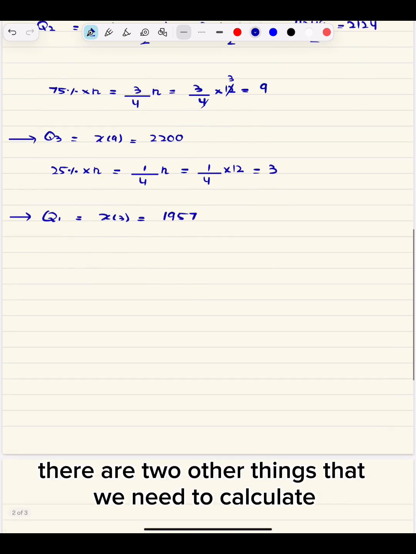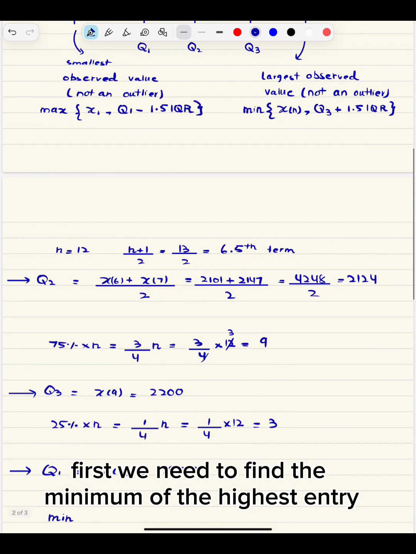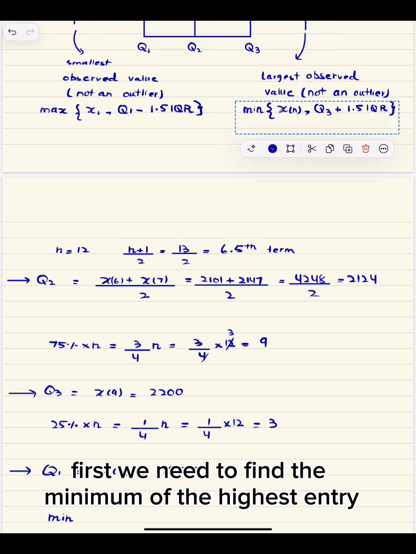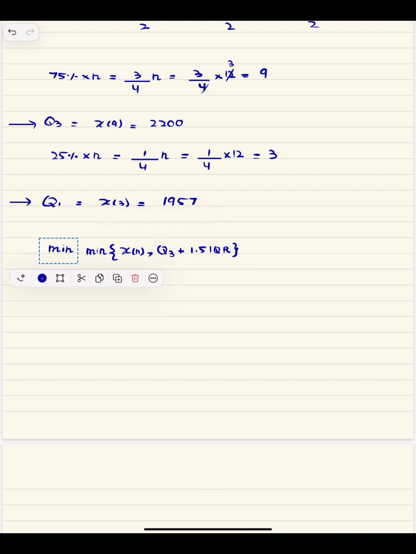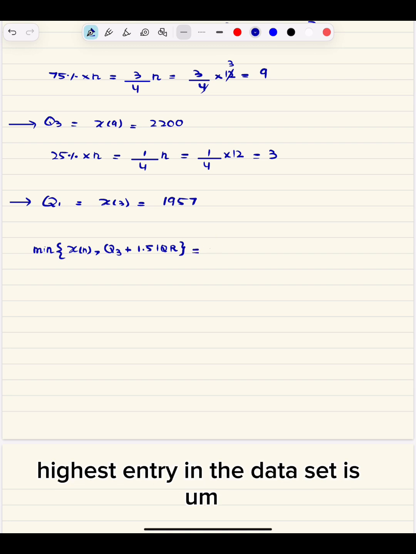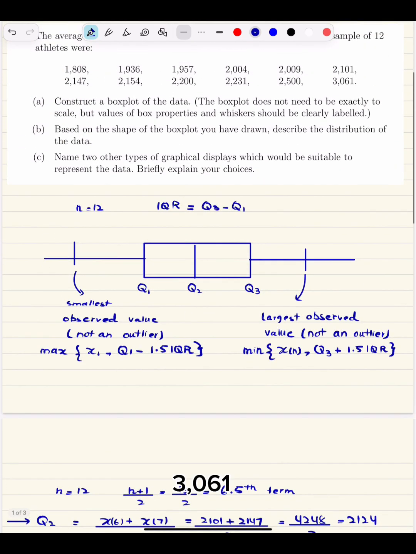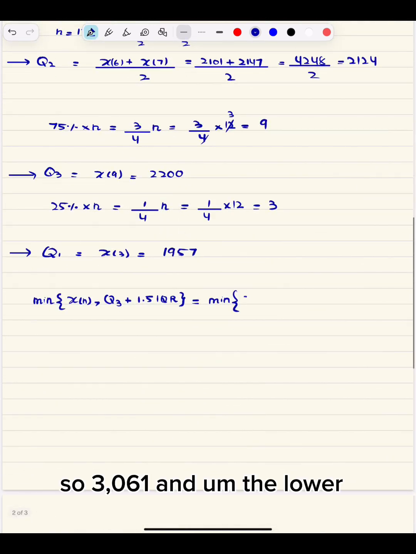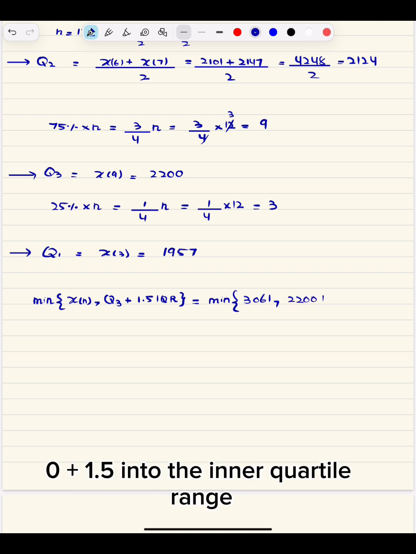There are two other things that we need to calculate. First, we need to find the minimum of the highest entry in the data set, which is 3061, and the upper quartile, 2200, plus 1.5 times the interquartile range.